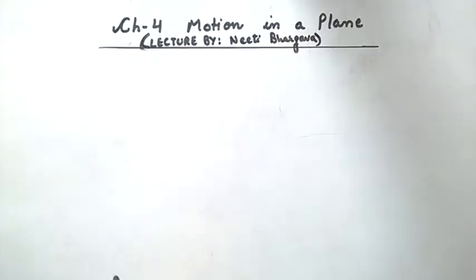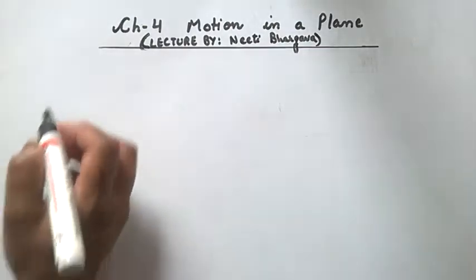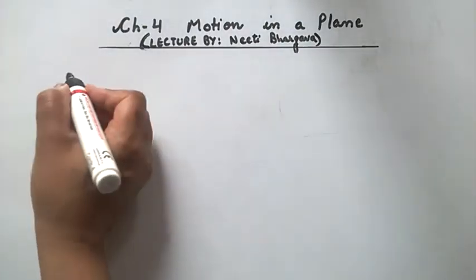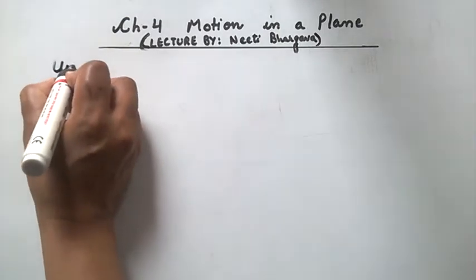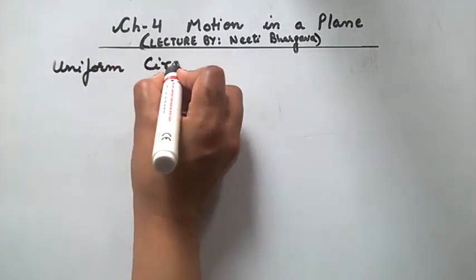In continuation with this chapter, now let's study another topic, that is centripetal acceleration. Students, earlier we have studied about uniform circular motion. Let's recall it first, that in uniform circular motion, the speed of a particle remains constant.